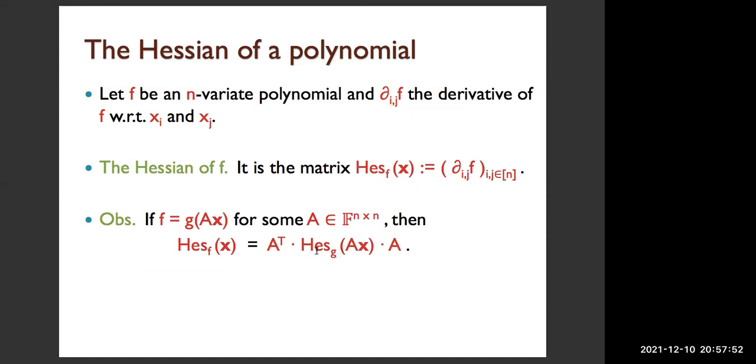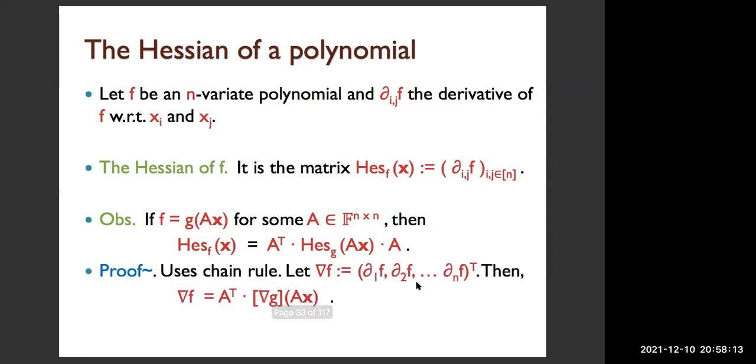This notation means I first take the Hessian of G, and then I apply the transformation A on it. That relates to the Hessian of F via a congruence relationship, with A transpose.